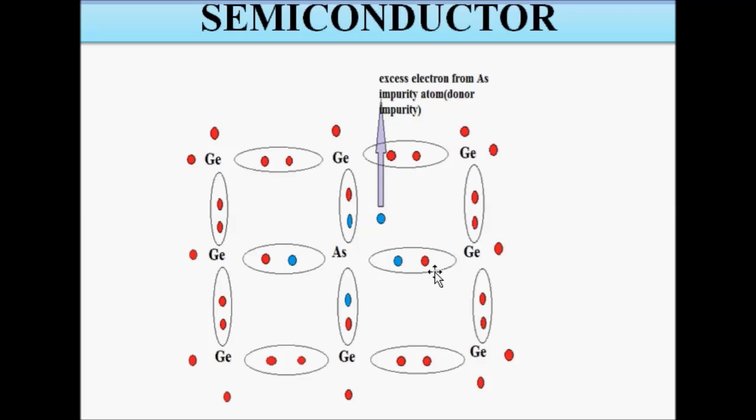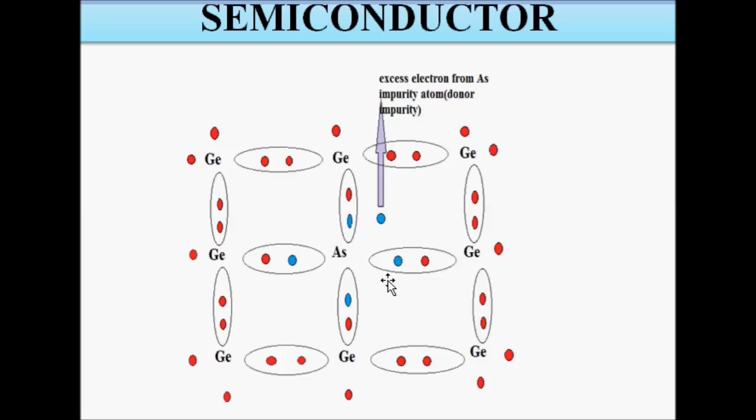Here, this is the arsenic pentavalent impurity atom which is added to an intrinsic germanium semiconductor. Each arsenic impurity atom positions itself in between 4 neighboring germanium atoms. As we know, the arsenic impurity atom has 5 electrons in its valence band.